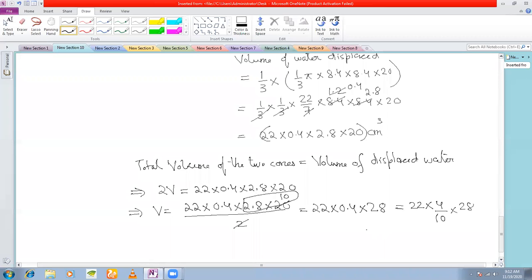Because you have 10 in the denominator, if you multiply everything, you will get 2464 divided by 10, and this is 246.4 centimeter cube. So each of the cones that was submerged had volume 246.4, and that was your question.